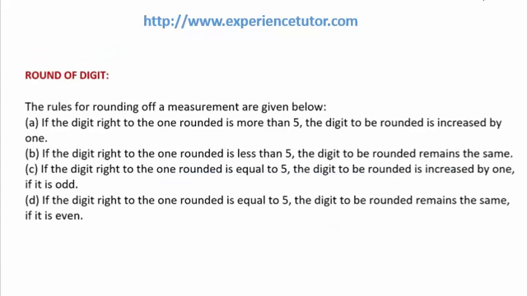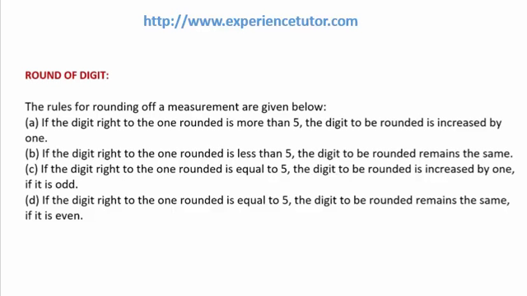Rounding off digits. The rules for rounding off a measurement are given below. A. If the digit to the right of the one to be rounded is more than 5, the digit to be rounded is increased by 1. B. If the digit to the right is less than 5, the digit to be rounded remains the same.